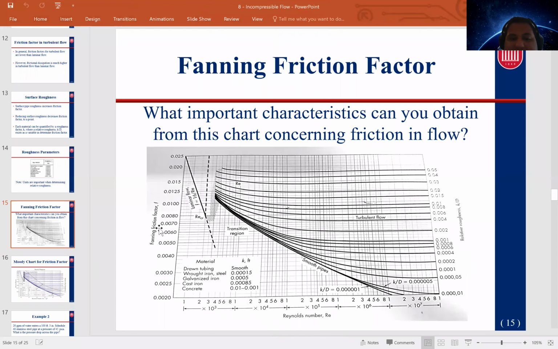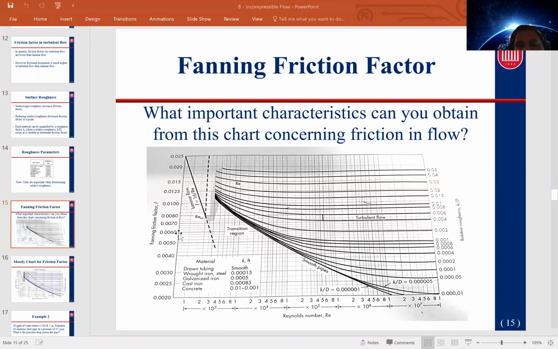To identify your friction factor, you calculate your system's Reynolds number. Then you look for the intersection of the Reynolds number and your relative roughness value. Once you find that intersection, you can then go over to the primary y-axis to find your friction factor.